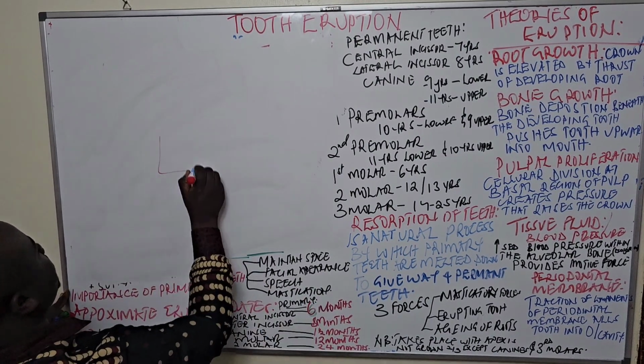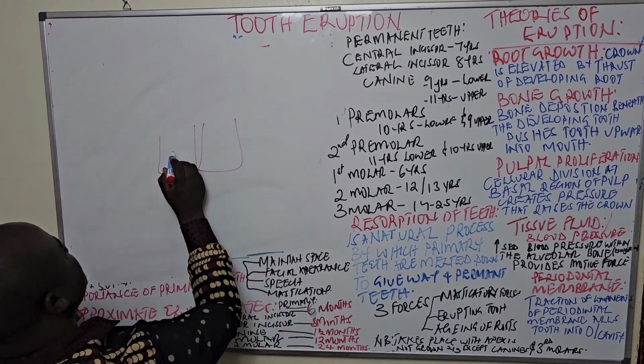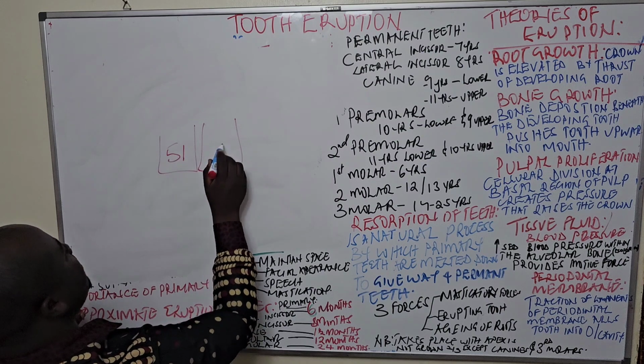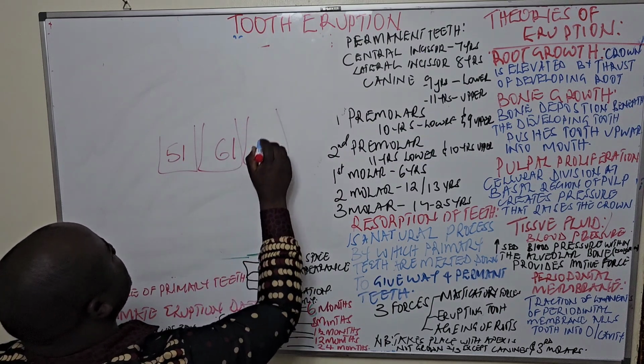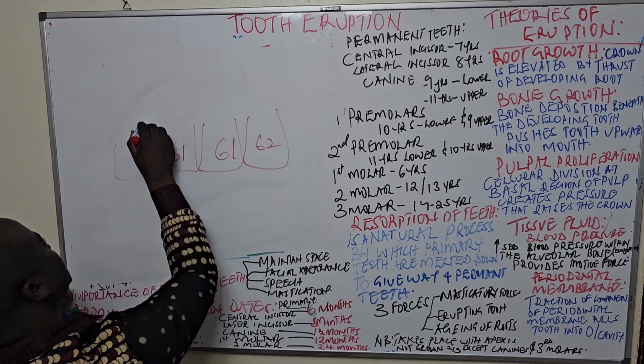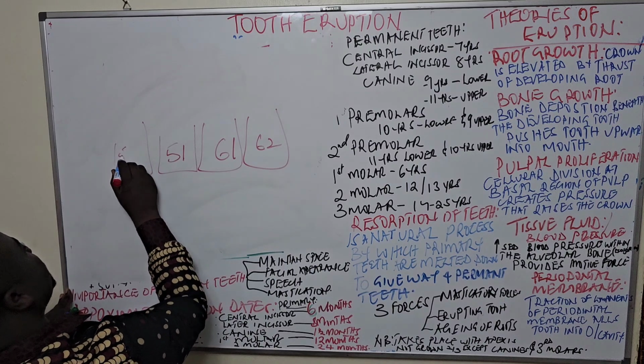For example, if this is a 5-1 and this is a 6-1 and this is a 6-2, this is what? This is a 5-2.